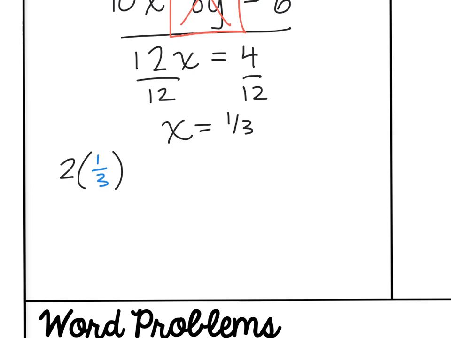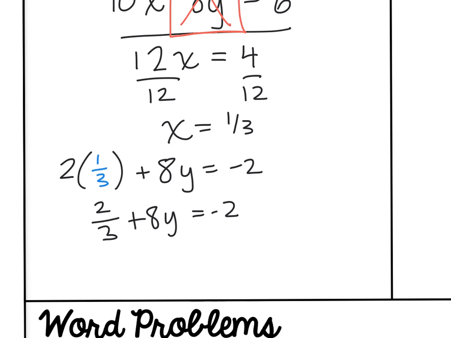All right, so 2 times x, which is 1/3, plus 8y equals negative 2. So I've got 2/3 plus 8y equals negative 2. So I'm going to subtract 2/3 on both sides.